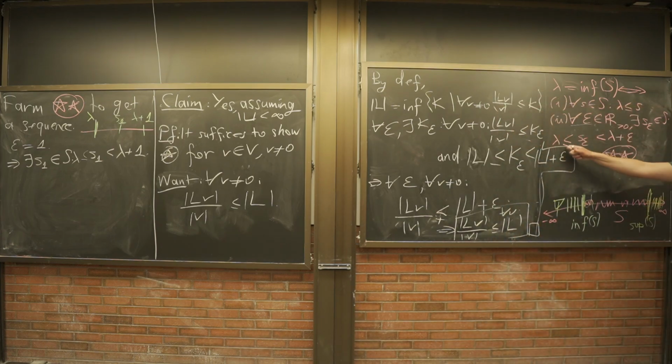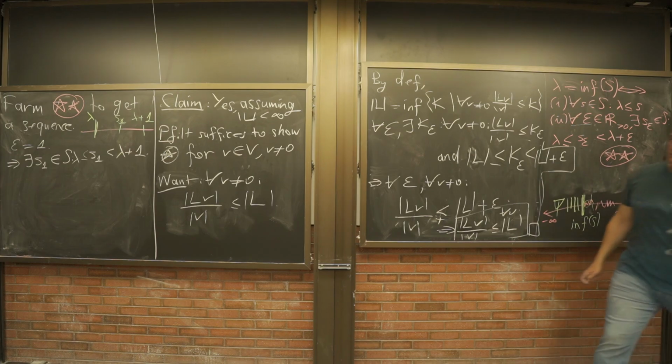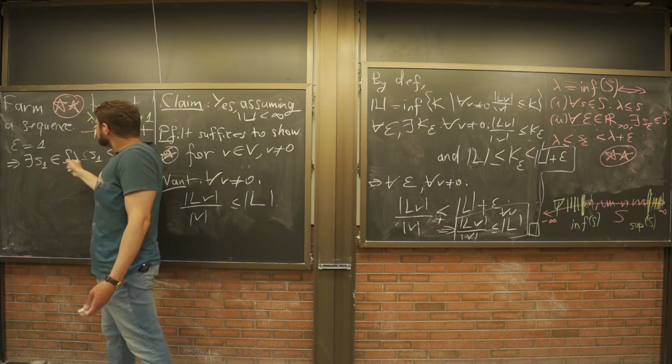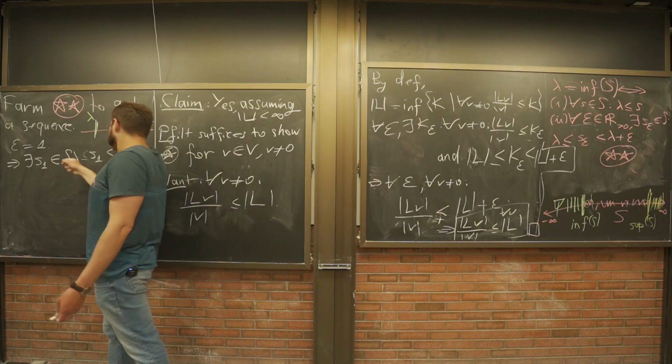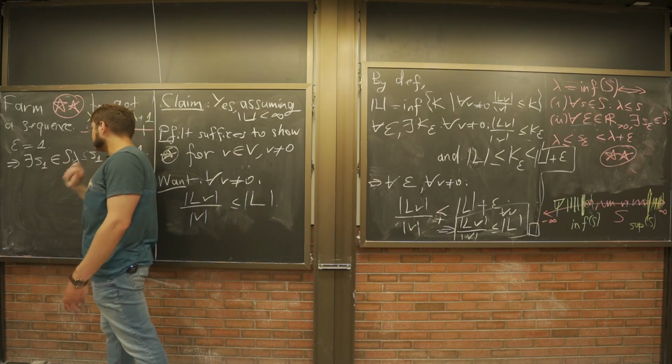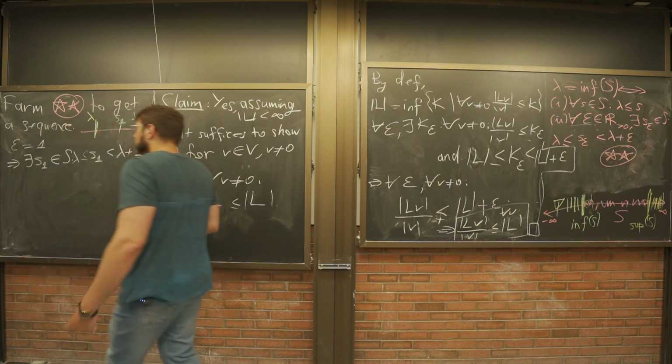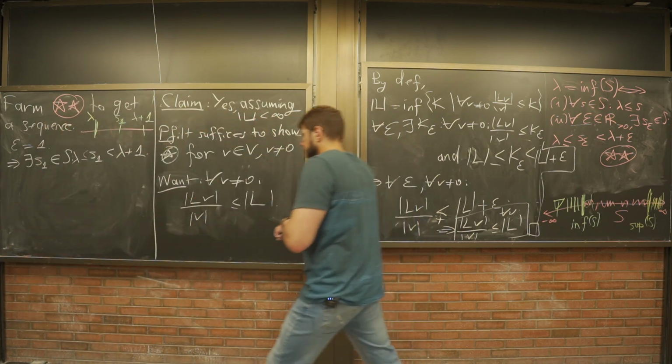So that's why this side is non-strict. Either S1, this thing that you chose, happens to be in S and equal to lambda, then you're lucky and you're done. Somehow you chose one element and it turned out to be the minimum.